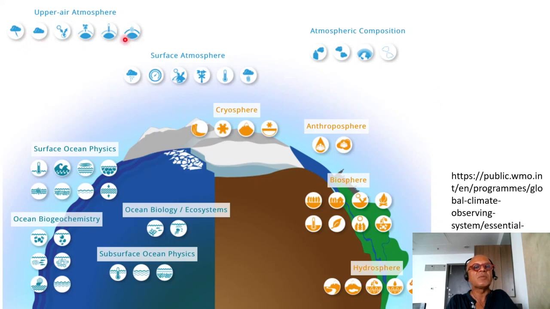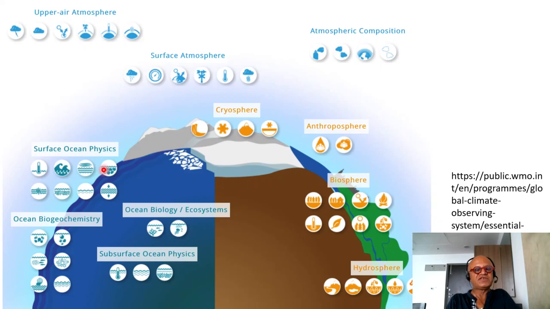So you have the upper air atmospheric variables, you have surface atmospheric variables, atmospheric composition, dust, chemicals, clouds, and so on. Cryosphere, which is the frozen part of the Earth's system. Anthroposphere, where human activities are tracked in terms of emissions, land use change, deforestation, etc., urbanization, agriculture, and so on.